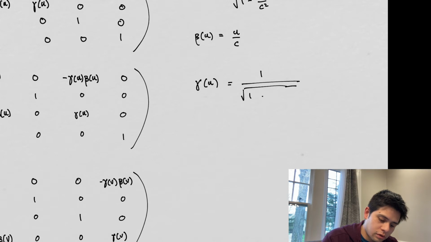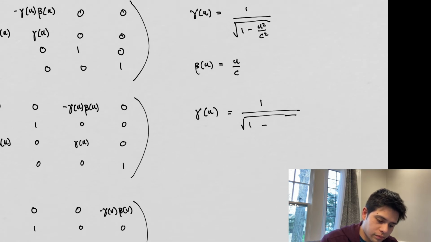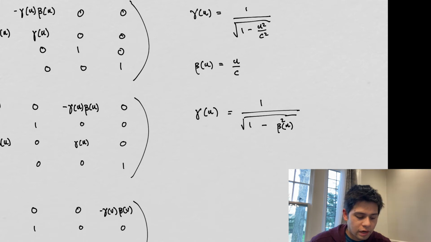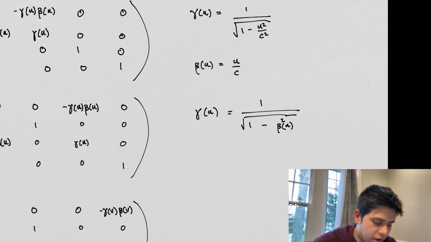We can rewrite it as 1 over the square root of 1 minus beta of u squared. So gamma is in this case a function of beta, right? Because we have our beta in the function, but we don't have to.